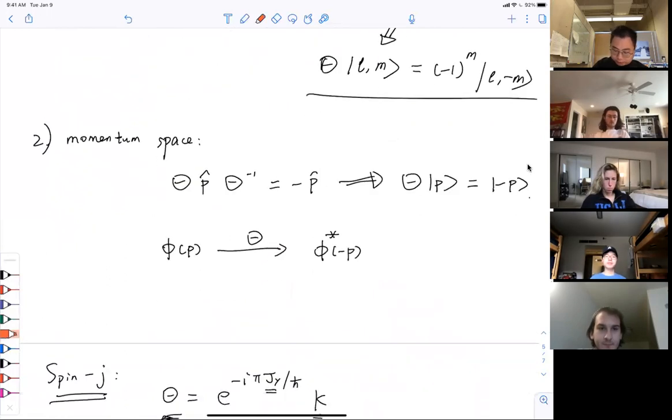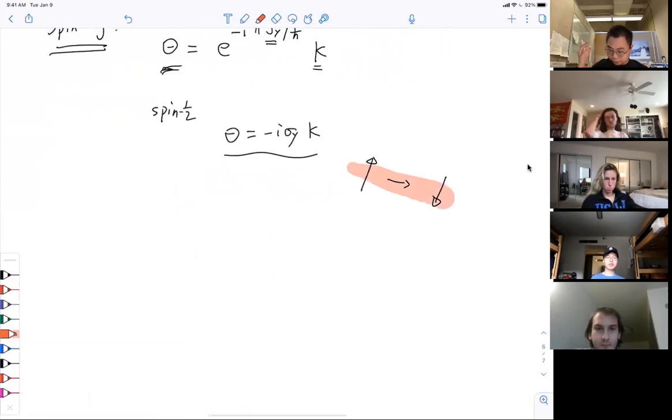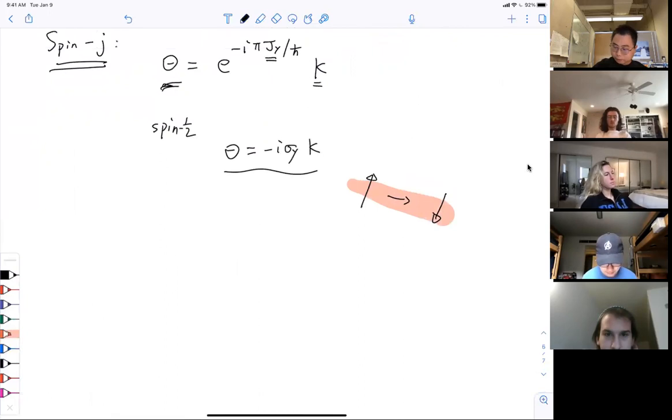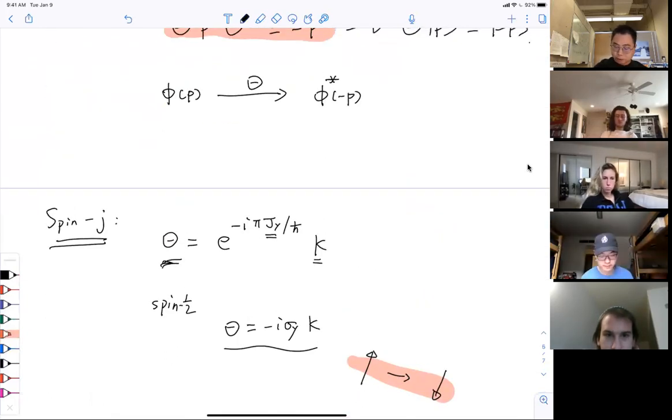Another is this: the momentum will flip the sign, and another thing is the spin will flip the sign. Everything agrees with our intuition. Starting from these basic equations, we can derive how the wave function transforms.